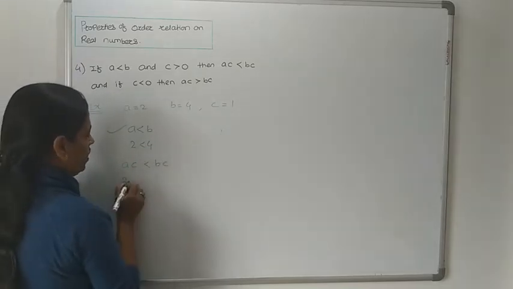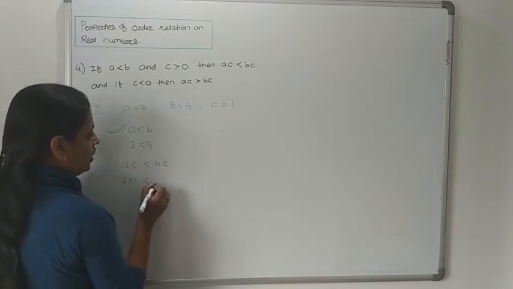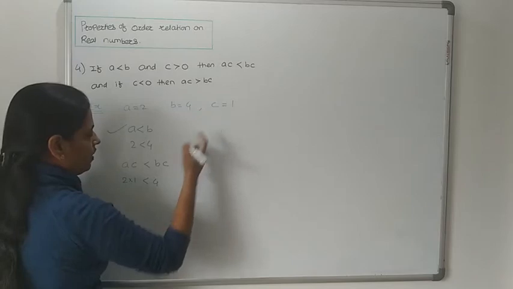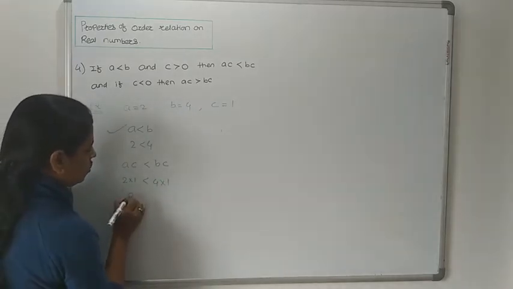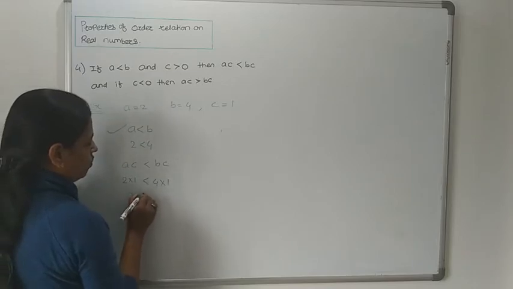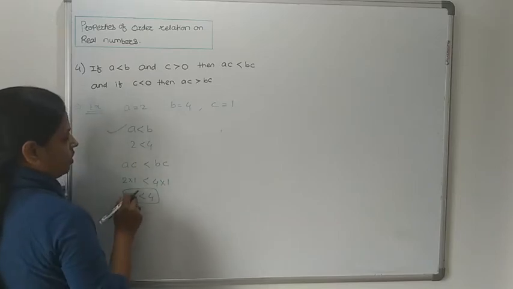What is the value of C? 1. Then what is the value of B? 4. What is the value of C? 1. So 2 into 1 is 2, less than 4 into 1, which is 4. That means the same relation holds, that is 2 is less than 4.